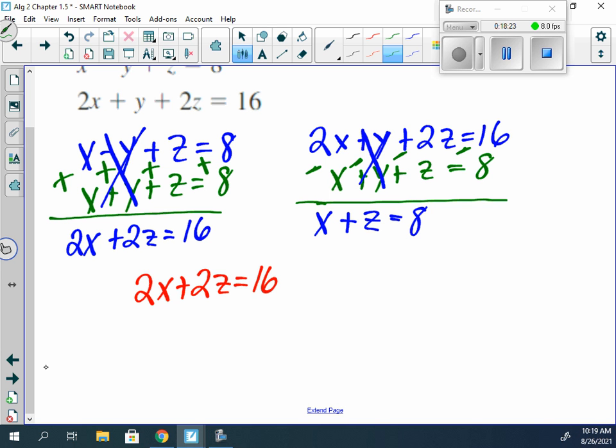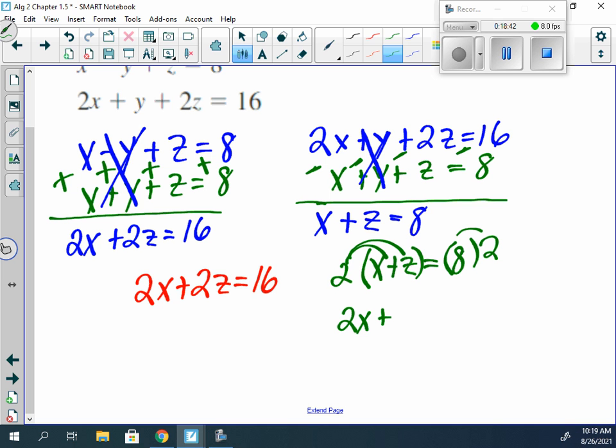So let's do x. So what do I need to multiply this whole thing by to get the x's to be the same? 2. Well, 2 times x is 2x. 2 times z is equal to 16.